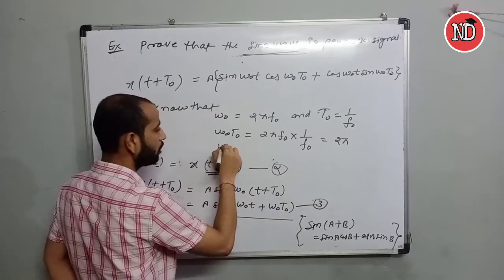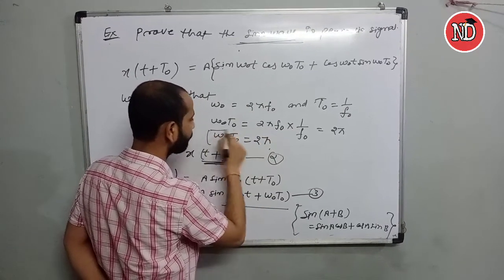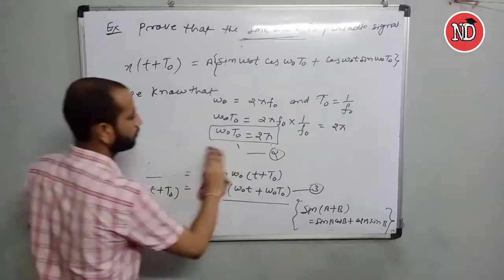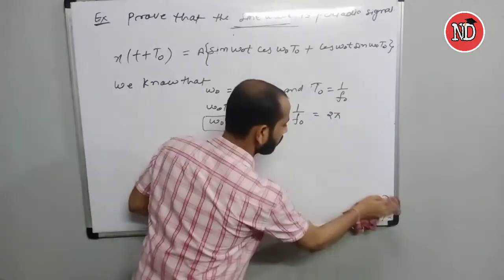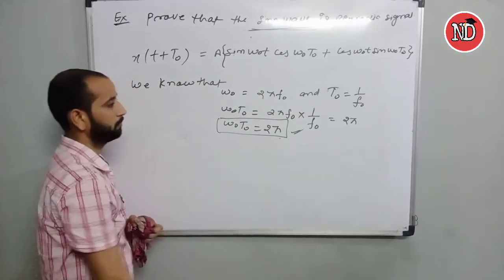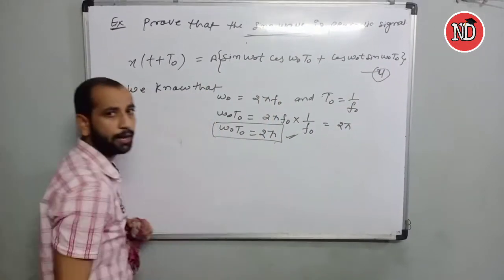So we have omega 0 T0 is equals to 2 pi. Substitute this value in equation number 4.